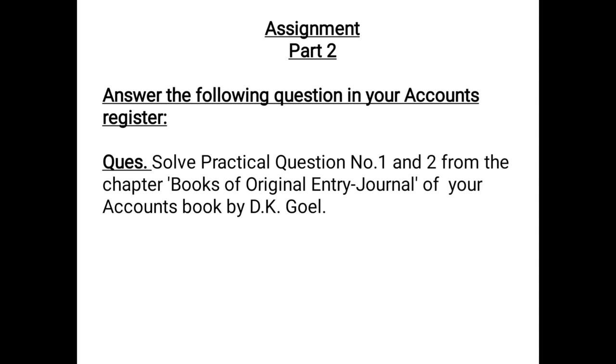Now when you solve these practical questions 1 and 2, just make sure, children, there are a number of transactions given in these questions for which you are required to frame the entries in your copies. But there may be certain transactions which have not been discussed so far.